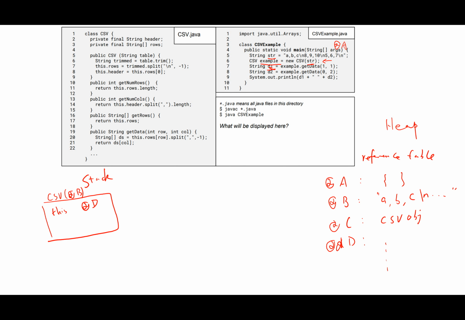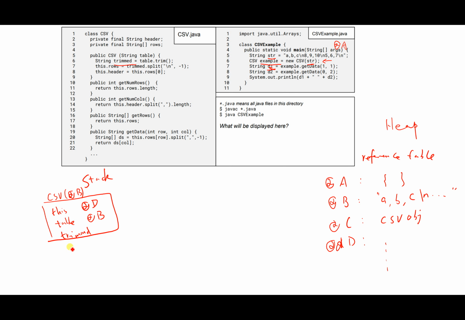And then you have a table in here which has the same value as at B, which is this string that got passed in. And then you have trimmed, which is this reference in here. It has a value of whatever you get when you remove the empty spaces in front and at the end of the table.